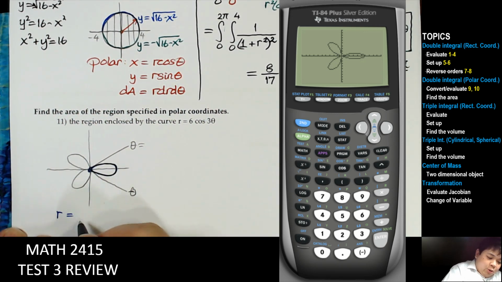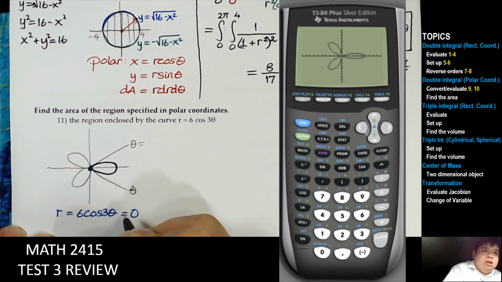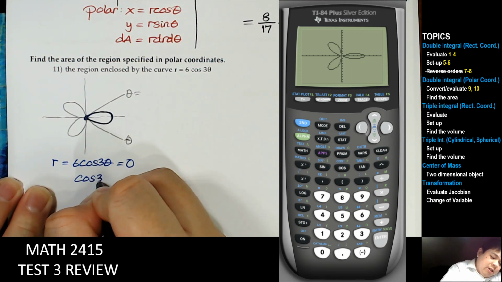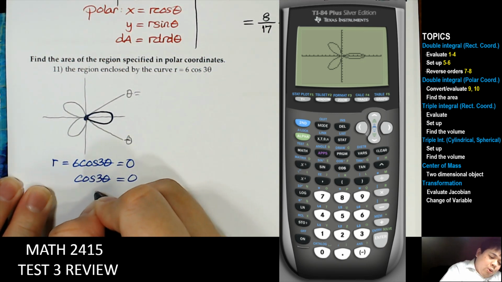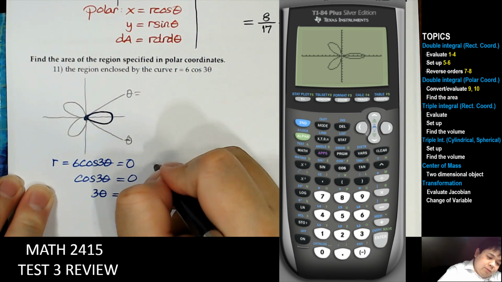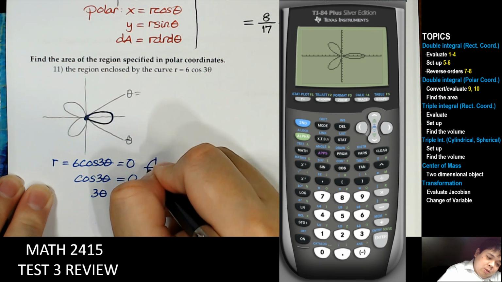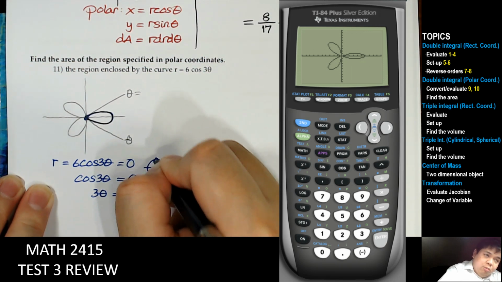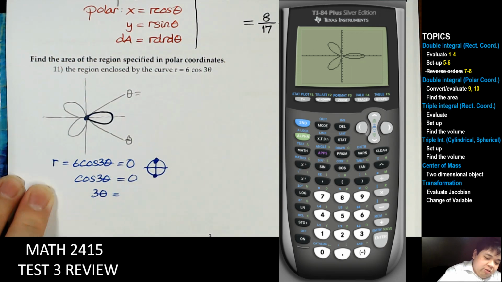So we let r equal 6 cosine 3 theta equal to 0, and then we solve for it. So cosine of 3 theta equals 0. Cosine x values equal to 0 are pi over 2 or 3 pi over 2.